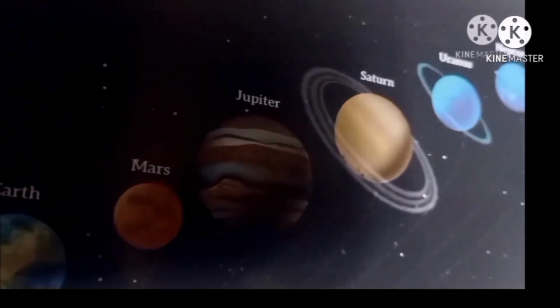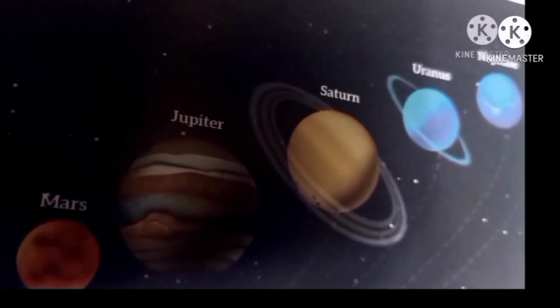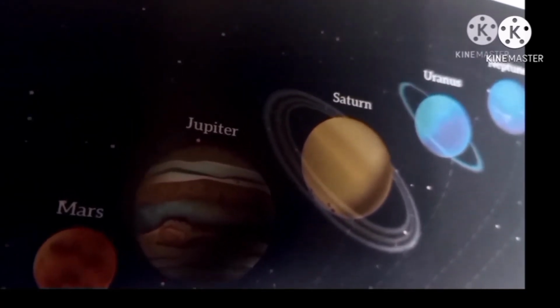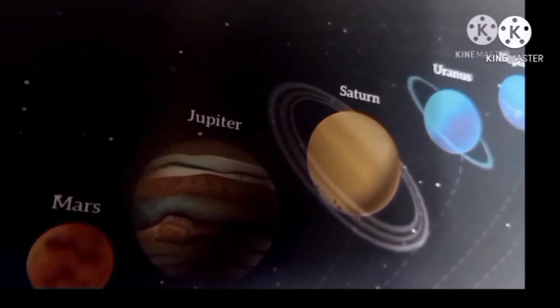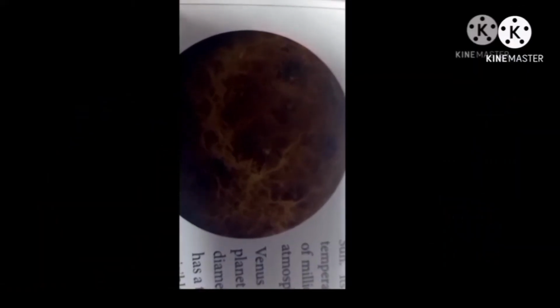Jupiter, Saturn, Uranus, Neptune are called outer planets, while Pluto is a dwarf planet. Mercury is the nearest planet to the Sun. Its period of revolution round the Sun is 88 days. Venus is the brightest planet.